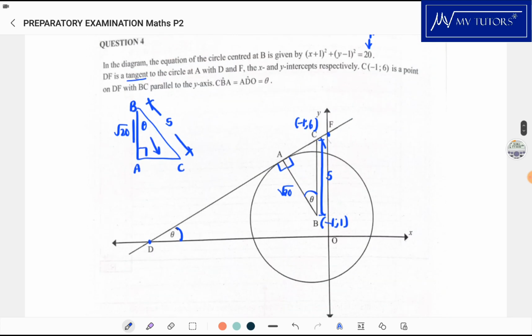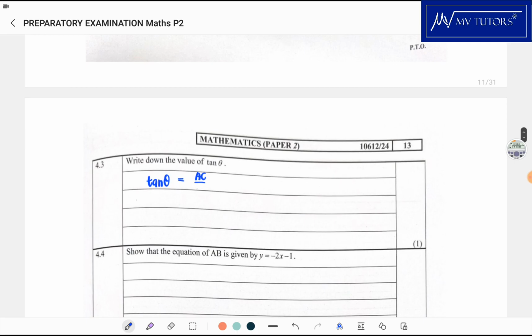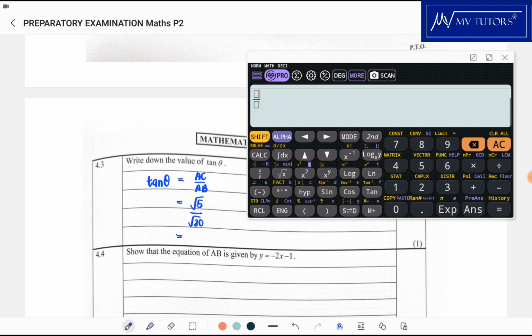We've just determined AC is root 5. We know AB, it's root 20. Let us deploy our calculator, and we put there root 5 over root 20, and that is 0,5. All right.